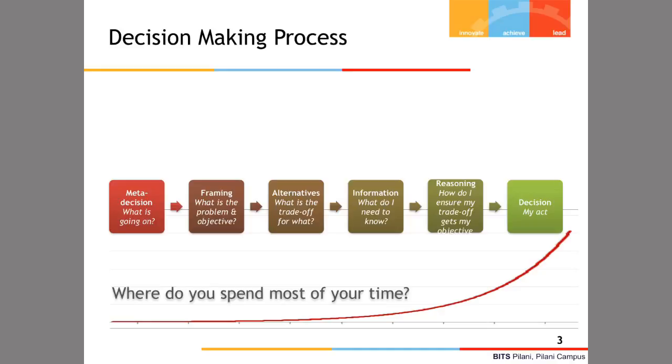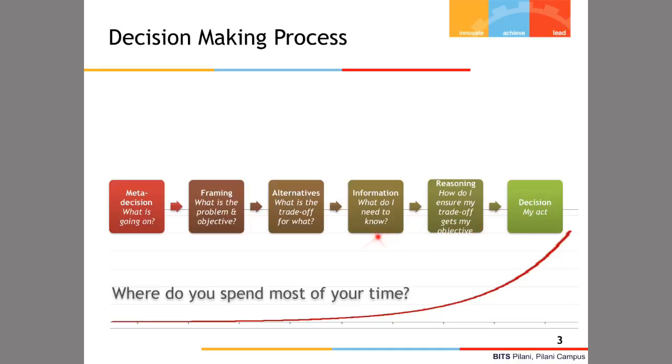If I ask you this question, in which process do we spend the maximum time while making a decision? We'll all find that the decision or acting is the one where we spend a lot of time, and maybe a lot more time in the reasoning as well. You will have a team and then you will reason it out and then you will make a decision.